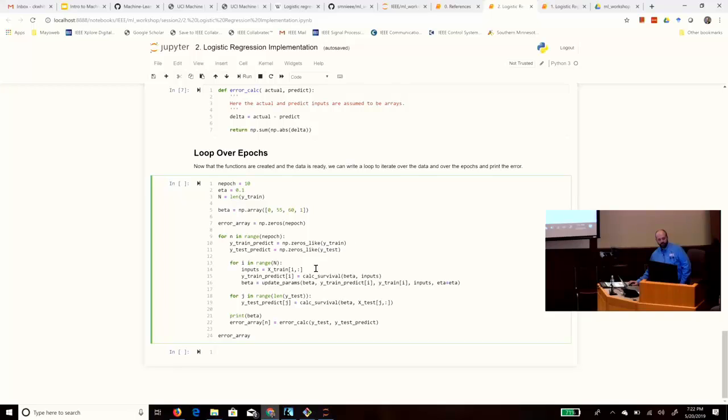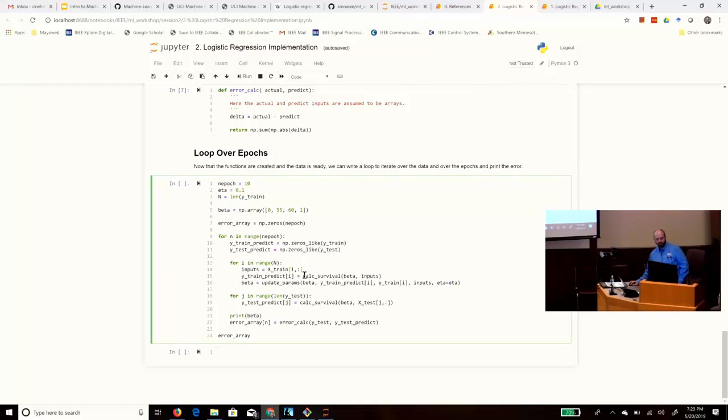All right. In this for loop right here, for i in range n, this is where we're going to step through our data row by row. The first line is inputs. For this row, we're going to get our 3 inputs. So that's what that line's doing. It's getting our 3 inputs from the matrix of inputs.